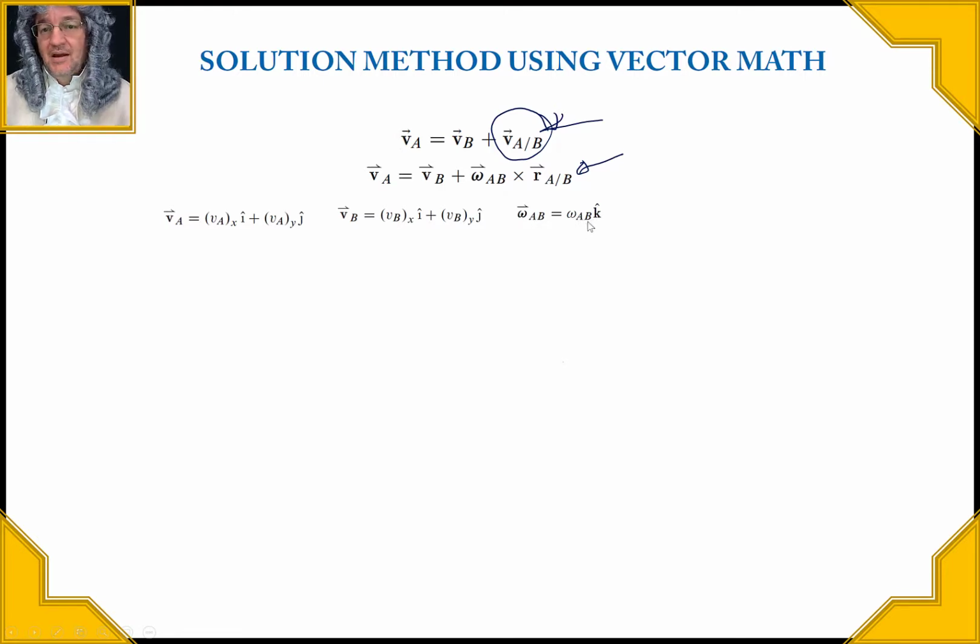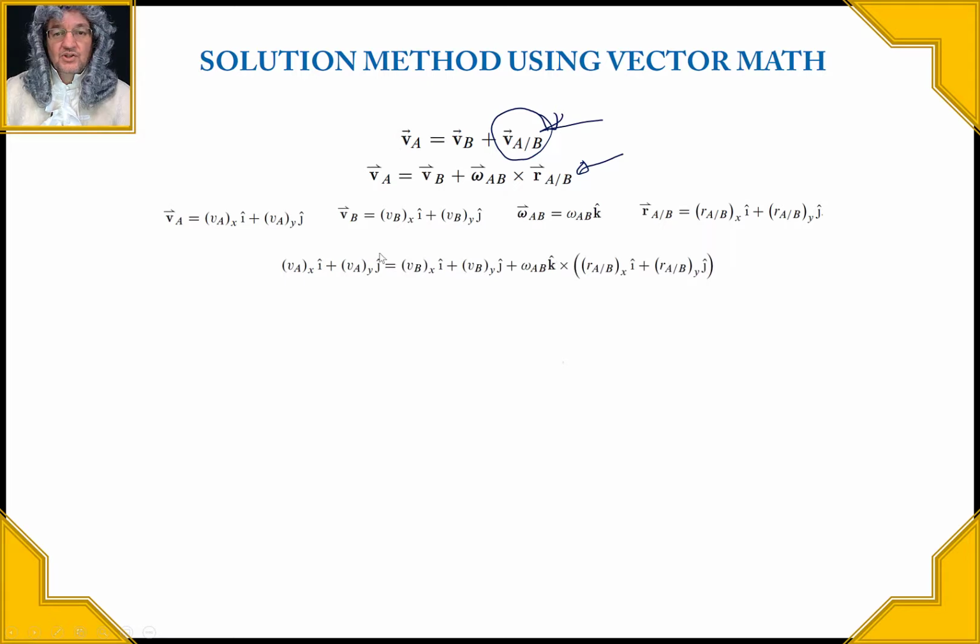It's just the omega magnitude multiplied by k. So it's rotating about the vector, the unit vector coming out of the screen or out of the page. And the relative position vector is going to be those distances r_AB in the x direction multiplied by the unit vector i, and r_AB in the y component by j.